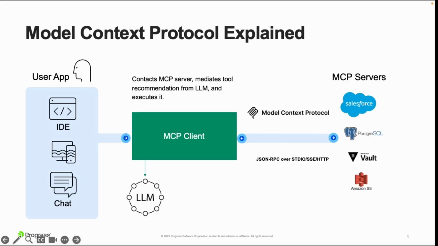STDIO is something that you use with your desktop-based applications or your IDEs, specific to your development environment. When you want to go beyond that, with remote MCP servers, that's where you use SSE or HTTP. Simple, right? Then you have the LLM, which communicates with your MCP client, where it extracts the data from the MCP servers and gets recommendations from the LLM, understands which tool to use, which tool to execute, and gives you the right response.